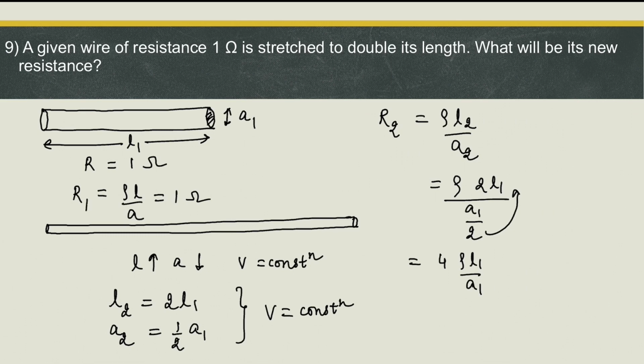So R1 is rho L1 upon A1, which is 1 ohm. So now I can say 4 times 1, 4 ohm. So the new resistance becomes 4 ohm. After stretching the wire, after increasing its length by 2 times, the resistance becomes 4 times, 4 ohm, because not only the length, area also gets affected here.